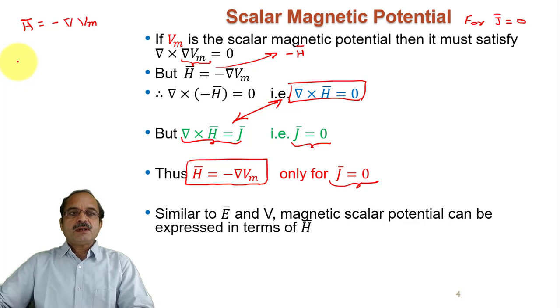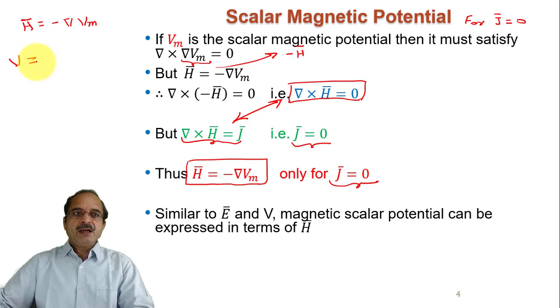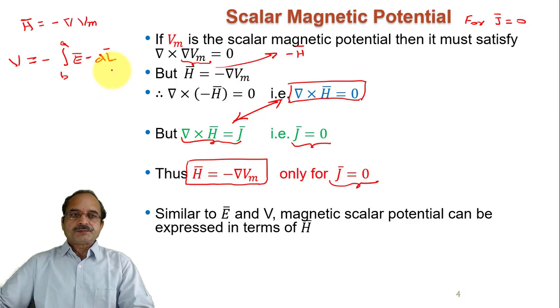Now in case of electrostatics, we find out the scalar electric potential V in terms of electric field intensity by using the integral V is equal to negative integral B to A E dot dl. This equation gives us the scalar electric potential from electric field intensity.